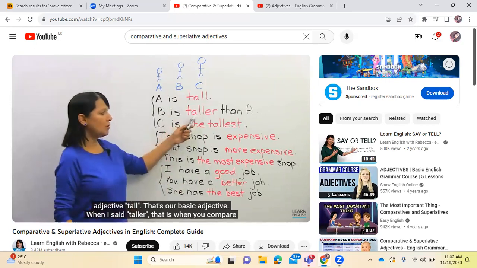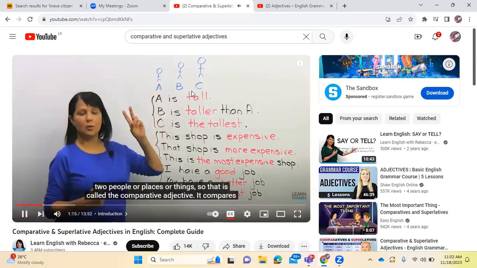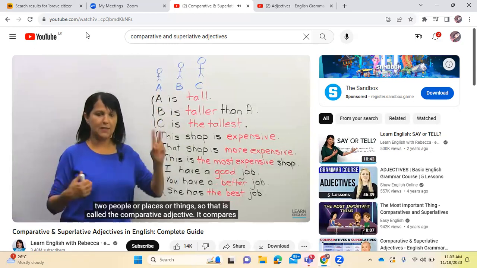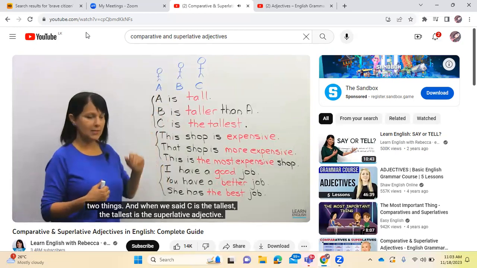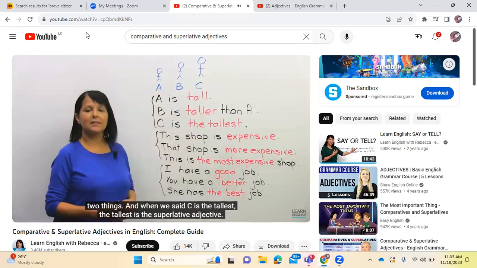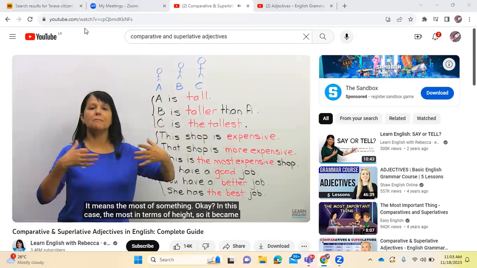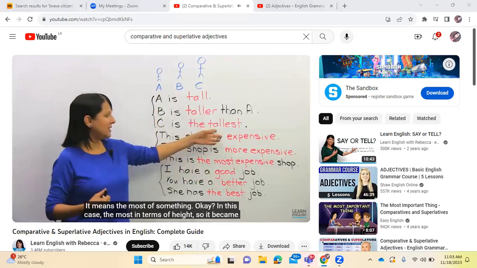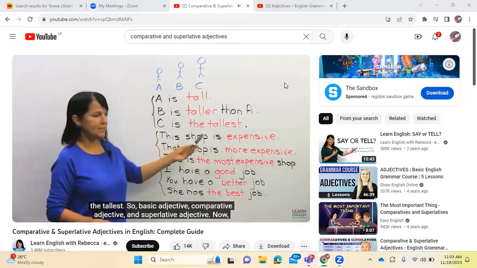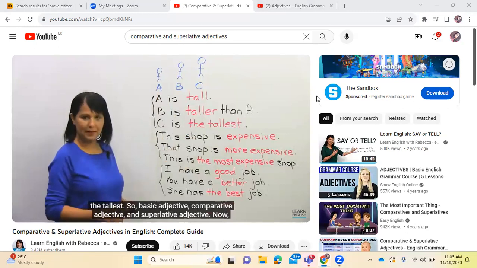When I said taller, that is when you compare two people or places or things. So that is called the comparative adjective. It compares two things. And when we said C is the tallest, the tallest is the superlative adjective. It means the most of something, okay? In this case, the most in terms of height. So it became the tallest. So basic adjective, comparative adjective, and superlative adjective.